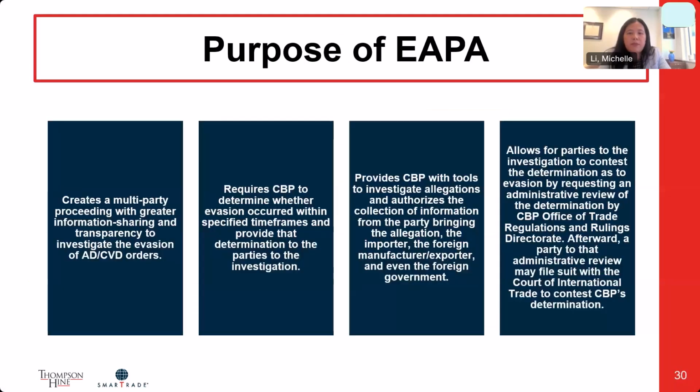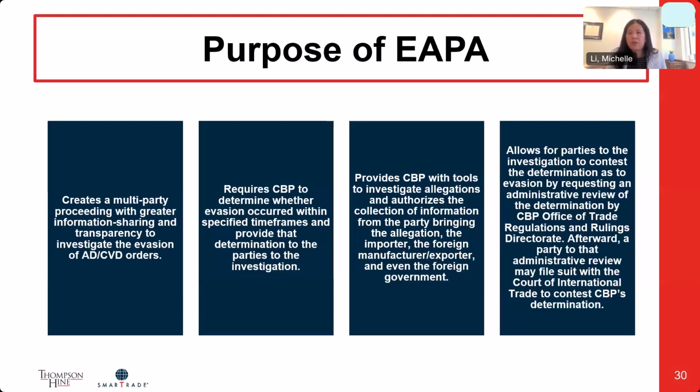Next slide, please. What is the purpose of EAPA? What is the difference between it and a Commerce circumvention proceeding? It creates a multi-party proceeding with greater information sharing and transparency. It forces CBP to follow a strict timeline.